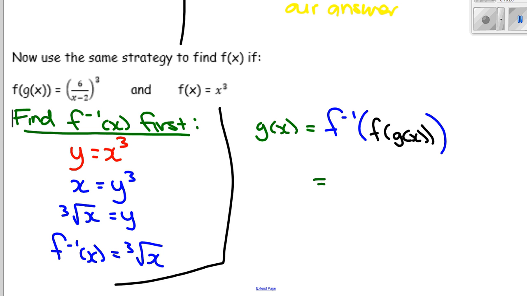And so our inverse, that is the parent in this case, so it's a big cube root. So I set up a big cube root, so now I'm going to sub in a function in there. So give a bit of space to do that. And f of g of x is given in the question. It was this one here. Oh, I think I get it now. So you basically just sub in the composite where x is.